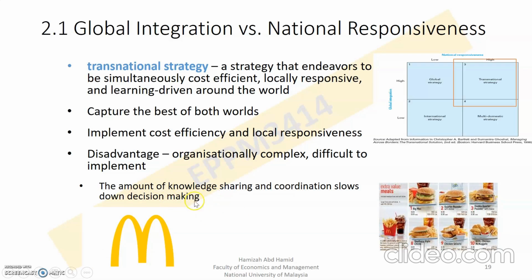So decision making in this type of strategy can take some time. One of the companies using this strategy is McDonald's. High level of national responsiveness, but also high level of global integration, because they need to be cost efficient at the same time.